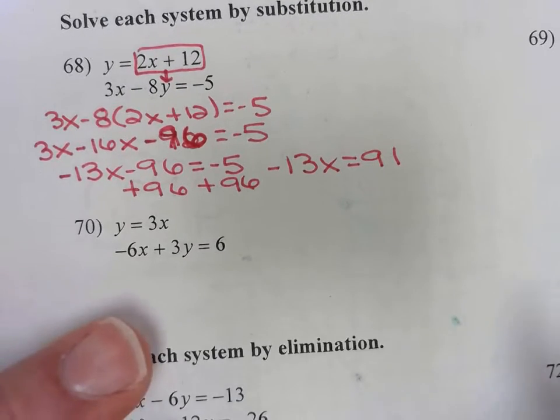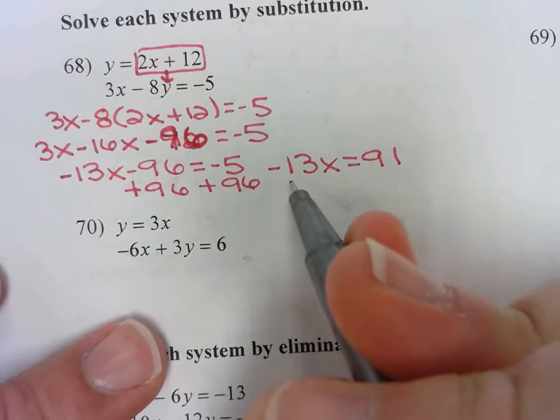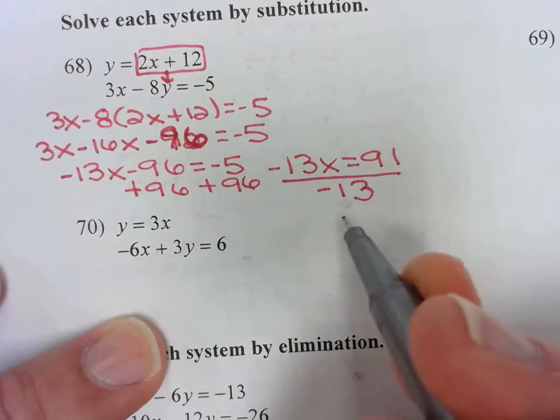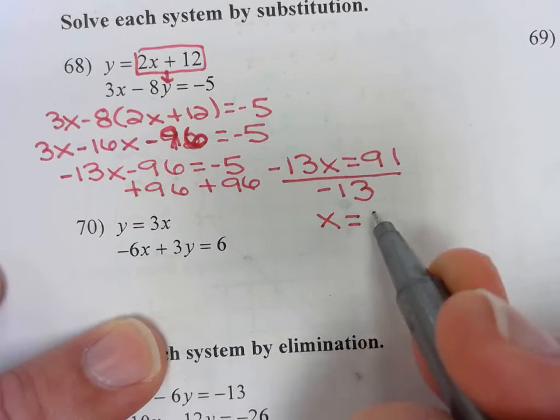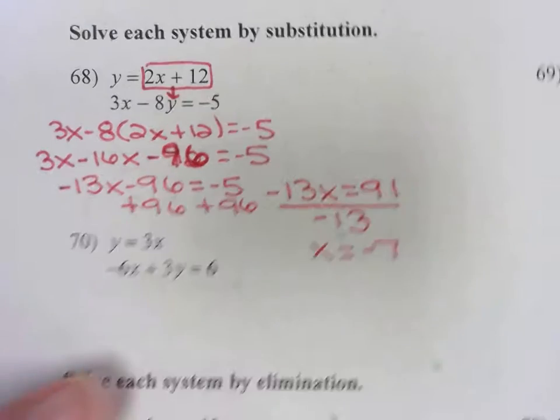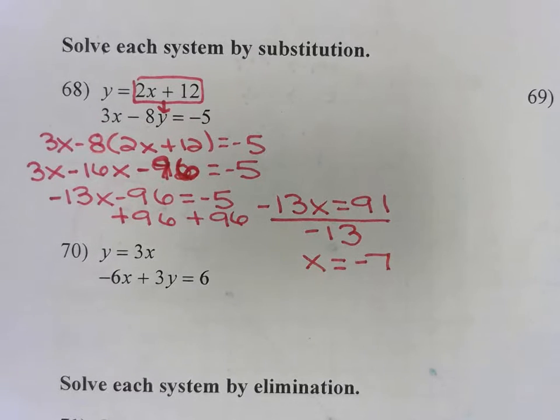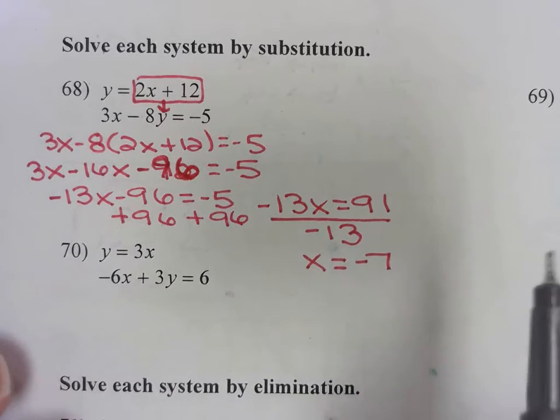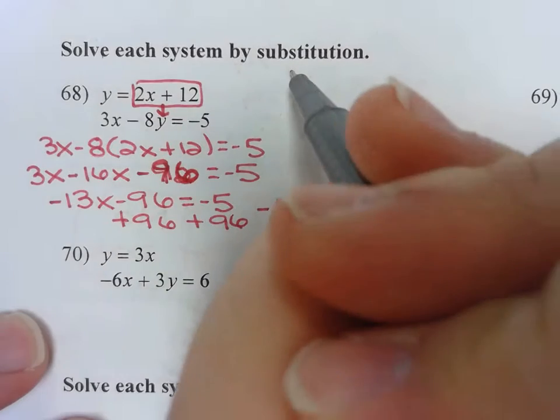What do I do next? Divide by negative 13. So what is 91 divided by negative 13? Negative 7. Now this is a system. So think back to what we just did with graphing. We needed ordered pairs as an answer. So if I know x is negative 7, what else do I need to find? The y value. Now how do I find the y value? Plug in negative 7.